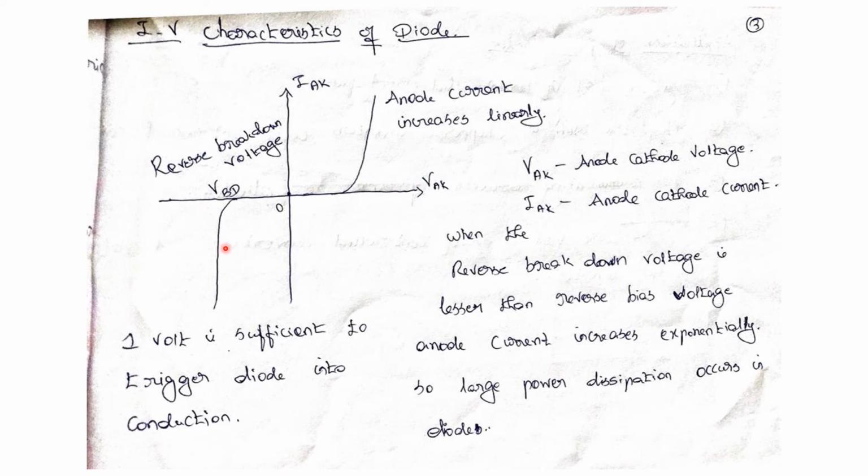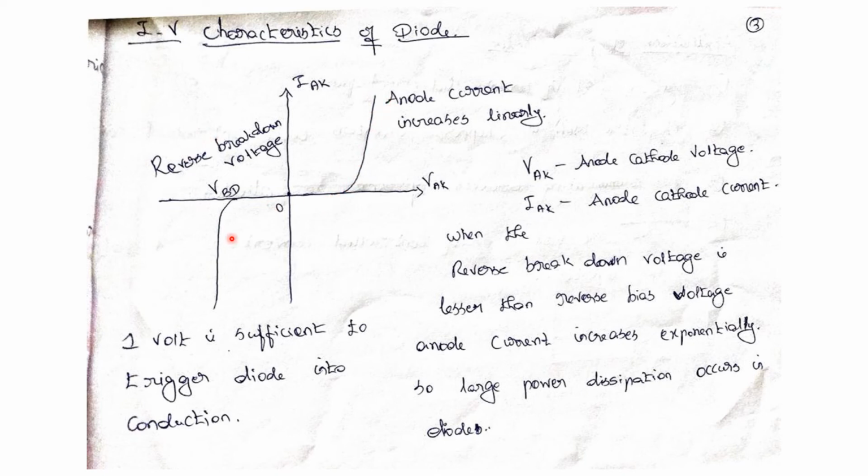The third quadrant shows the reverse bias mode. Here the voltage is increasing, but on reaching a certain voltage, the anode cathode current starts increasing exponentially. That's why we are drawing the curve like this.